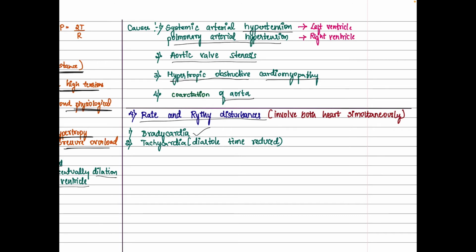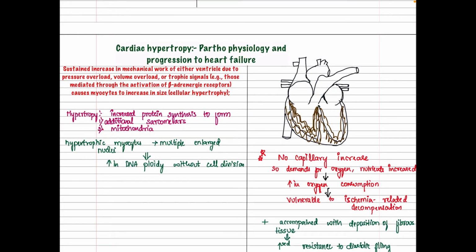This diastolic time is more important because ventricles fill during diastole, that is, the end diastolic volume is filled during the diastolic time. If diastolic time is reduced, the filling of the ventricles will be reduced, hence this leads to low output cardiac failure. Now let's see what happens during cardiac hypertrophy, the pathophysiology and the progression to heart failure.